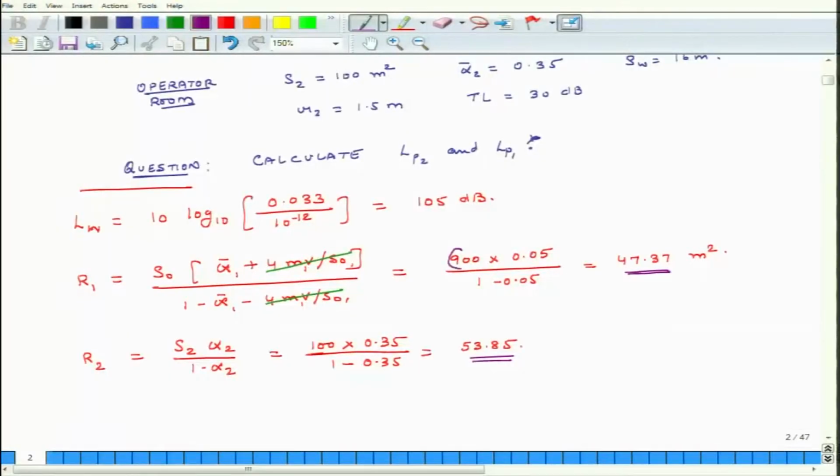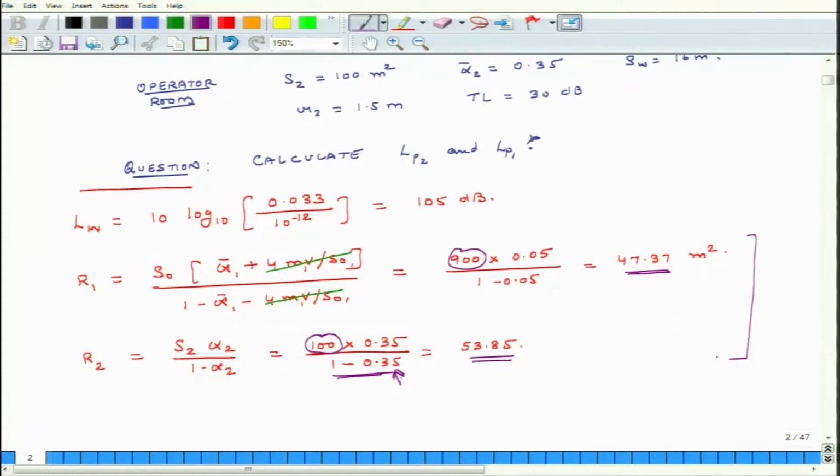You look at this number, 900 is 9 times more than that of the second room, but still the room constant for the second room is slightly more, because the surface absorption coefficient of the second room is 0.35 compared to 0.05, and because it comes in the denominator, as this number becomes larger and closer to 1, this room constant value goes up very rapidly. So, if you can increase alpha rather than work on increasing surface area, you will get much better benefits. Okay? So, this is important to understand.